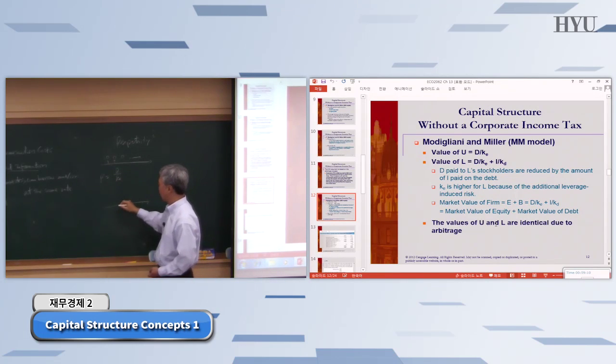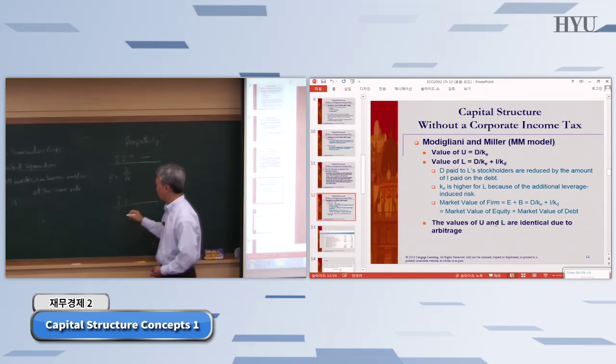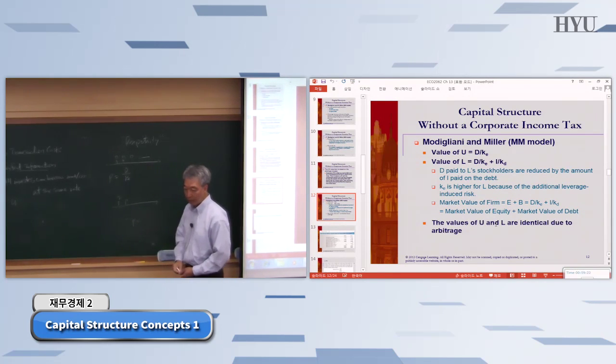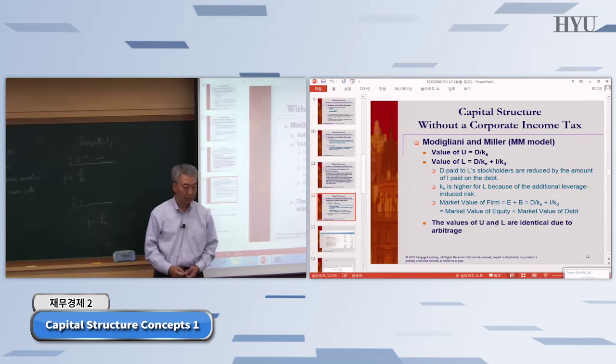Perpetuity case is this bond pays a certain amount of interest forever. And what will be the present value of this perpetuity? It's going to be the amount of interest divided by the interest rate, the discount rate. Let's say that's KD, the discount rate for debt.